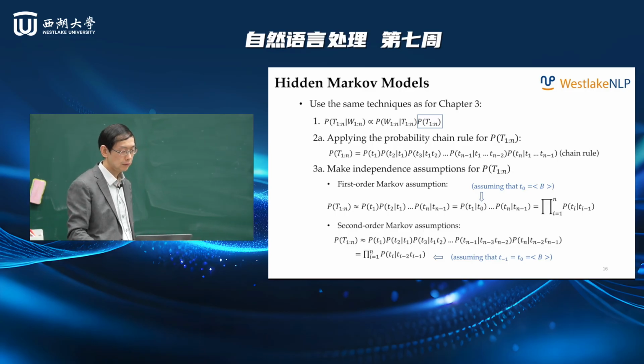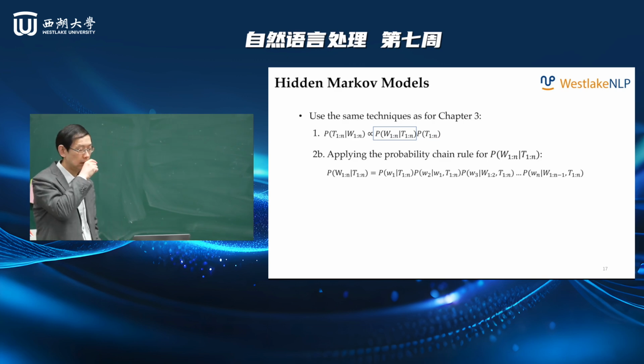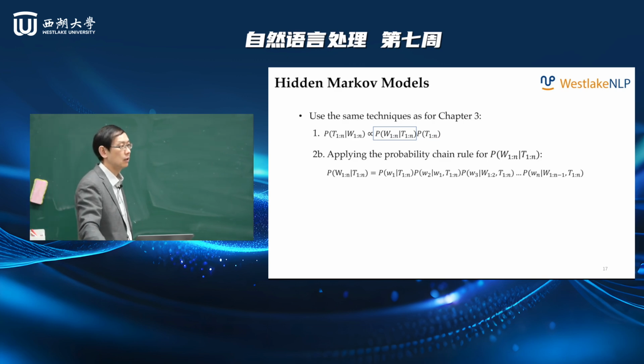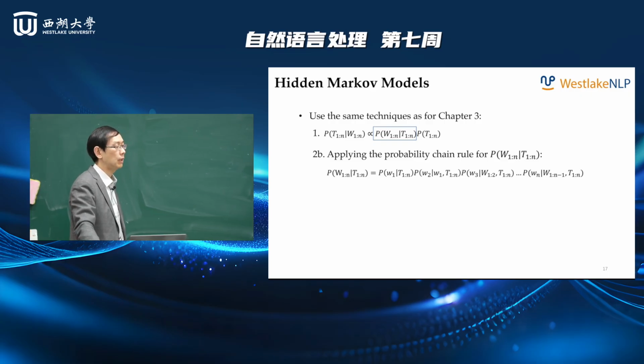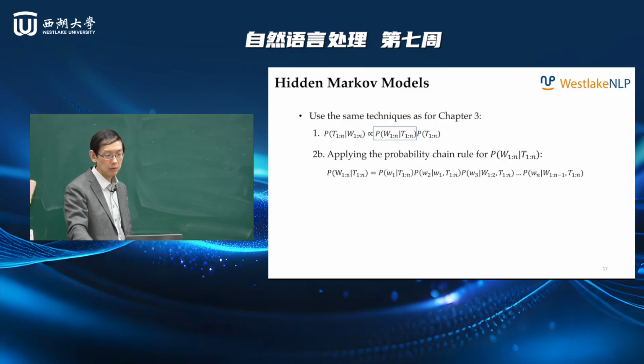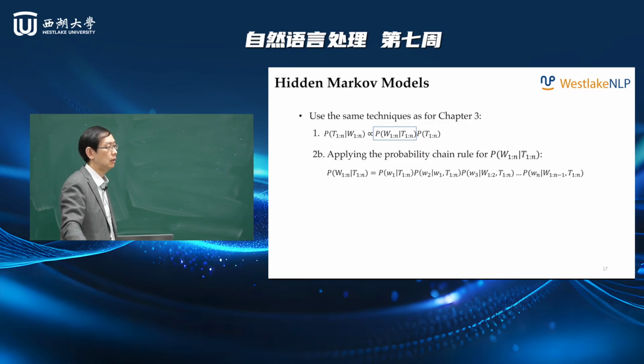And now let's move to the second part. How do you parameterize P of W1 to n given T1 to n? Again, nothing fancy. You apply chain rule and independence assumptions. When you apply chain rule, you take every word out, so every word is conditionally dependent on its previous words and the tag sequence in the condition, right?